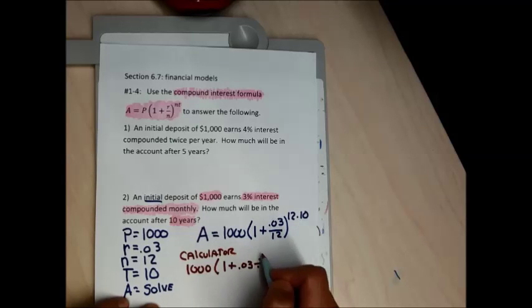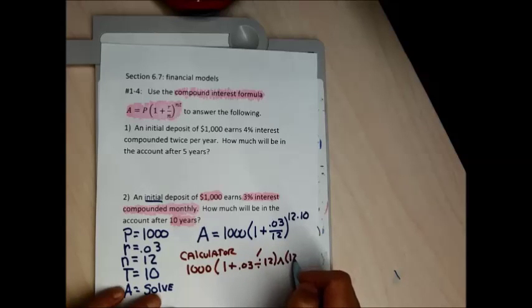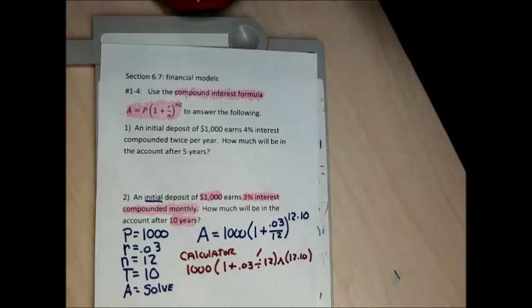I'll hit the divide sign. My calculator will put a slash when I do the divide sign. Divide by 12. And for the exponent, I hit the up arrow key. If I don't type in 120, which is what 12 times 10 is, I have to put the 12 times 10 in a parentheses. If you don't put the exponent in the parentheses and the exponent has multiplication, it'll think of that 10 as not being part of the exponent.